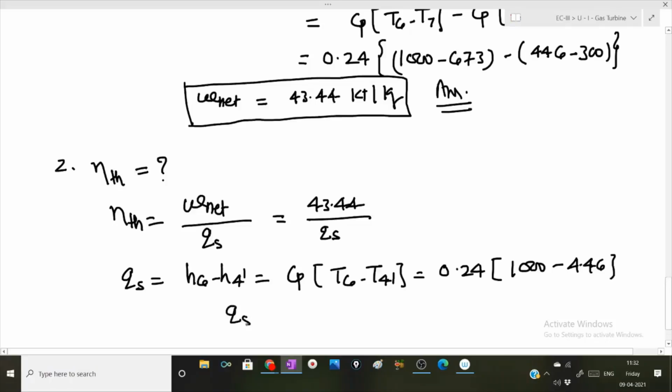So QS value will be, let us calculate this value, 132.96 kilojoule per kg.